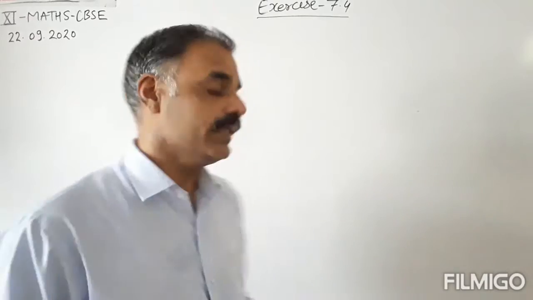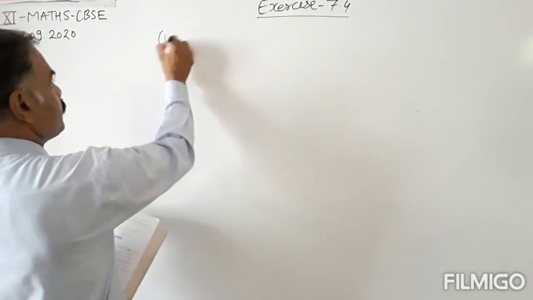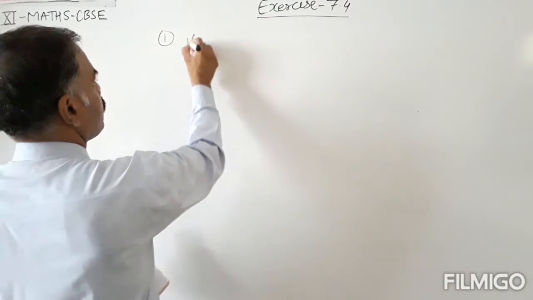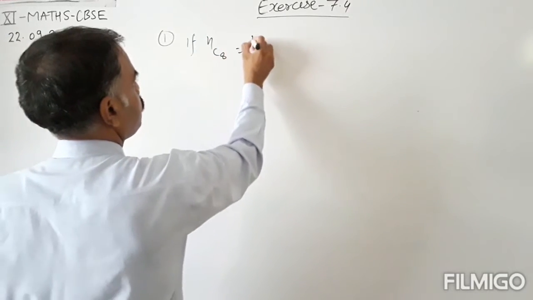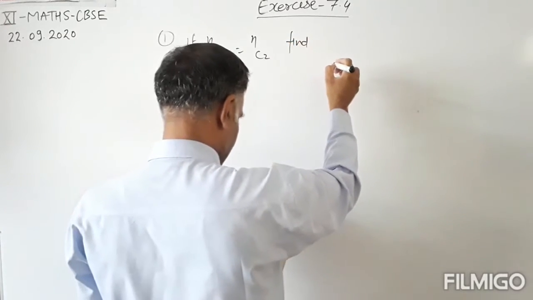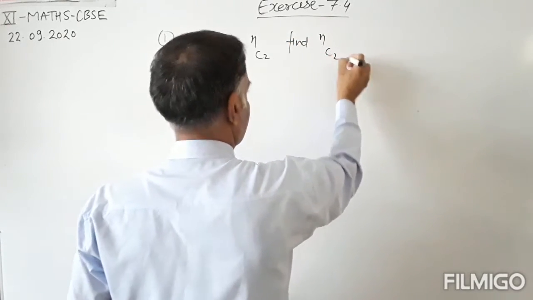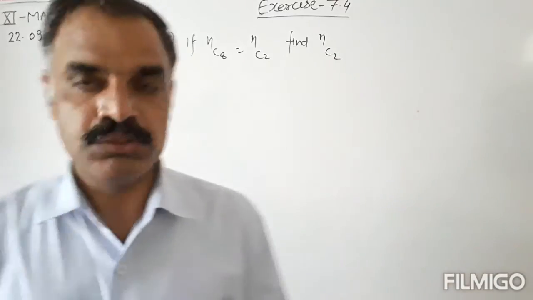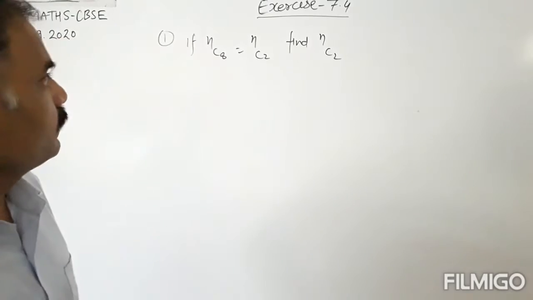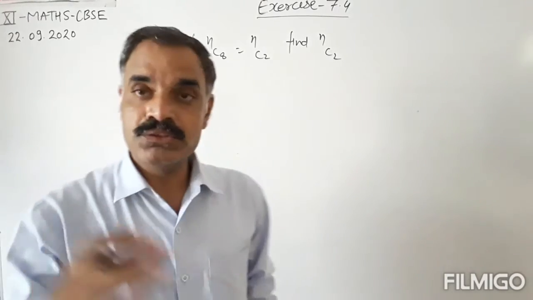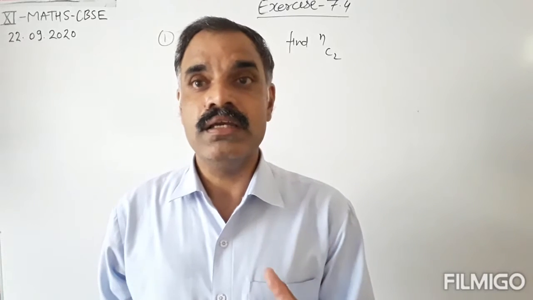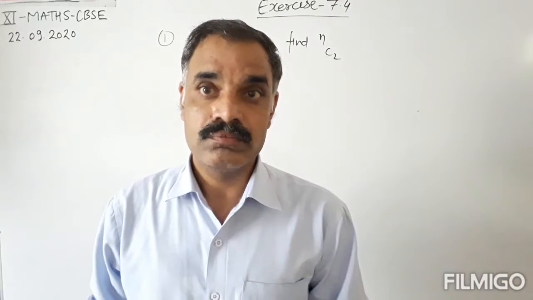Its first question is given as: if nC8 equals nC2, then we have to find nC2. It's not difficult. We just have to find the value of n, means how many total objects we have been given.